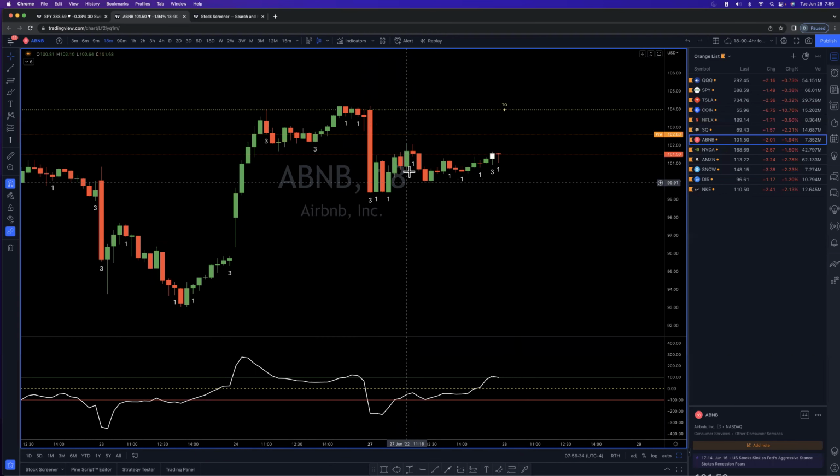If you're waiting for an inside 30, then you shouldn't even be sitting at your computer here, right? Because that's not going to occur until the bottom of the hour, right? Because you have to wait for the 60 to form, the 30 to form.